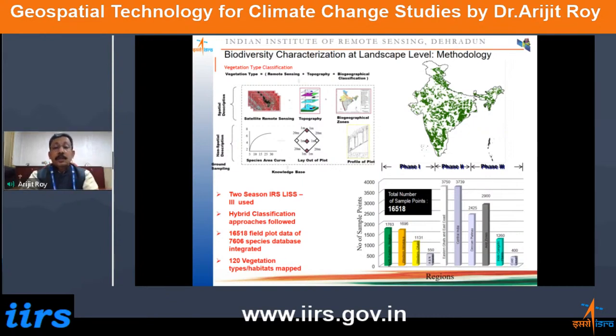Another aspect is the biodiversity. How is this climate change going to influence this biodiversity? But before we estimate the loss or gain in the biodiversity as a result of climate change, we have to first estimate it.